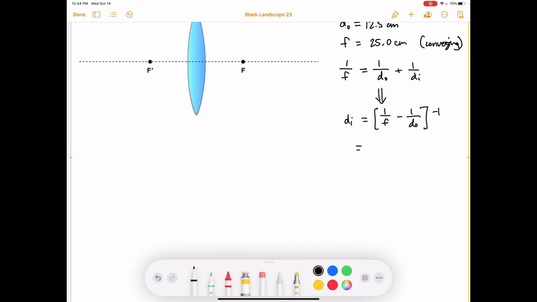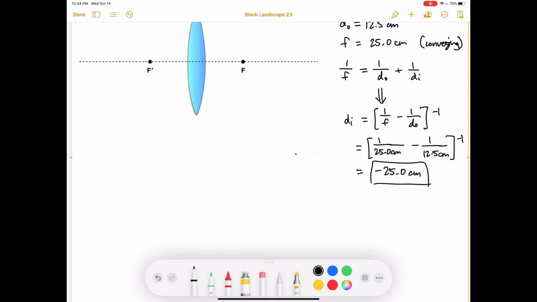So in this case, we have 1 over 25 centimeters minus 1 over 12.5 centimeters, taken to the minus 1 power. And so this will work out to minus 25.0 centimeters if you work it out. So that's our image distance.